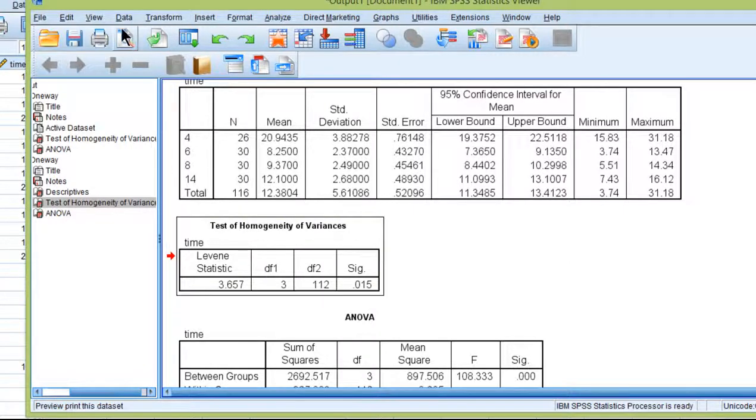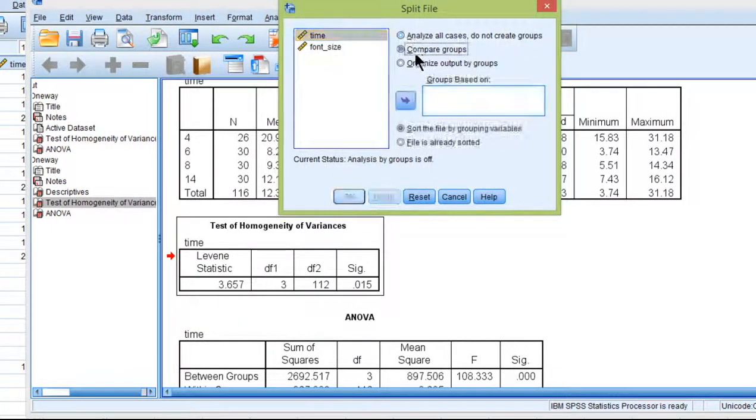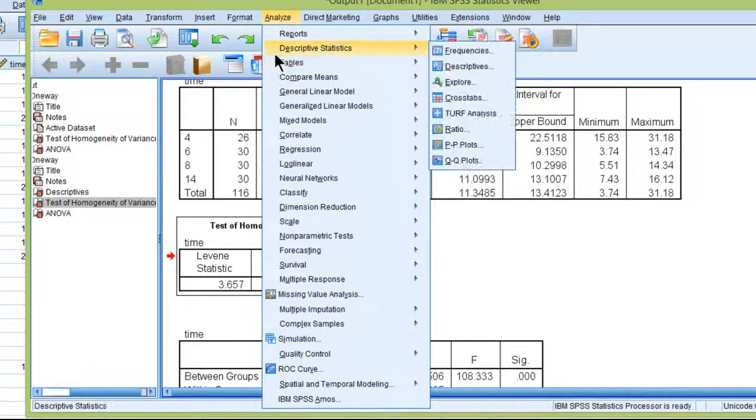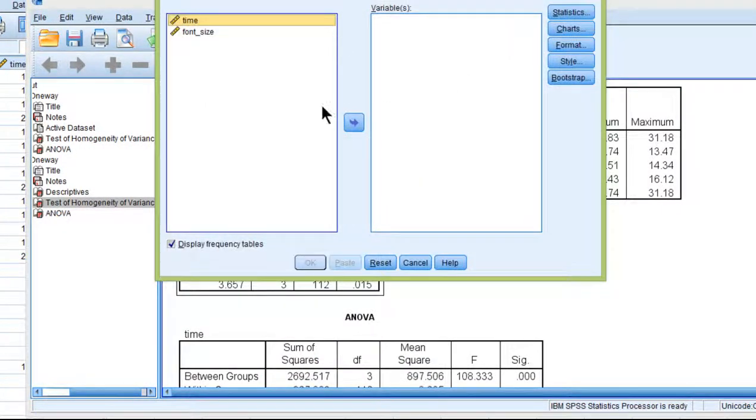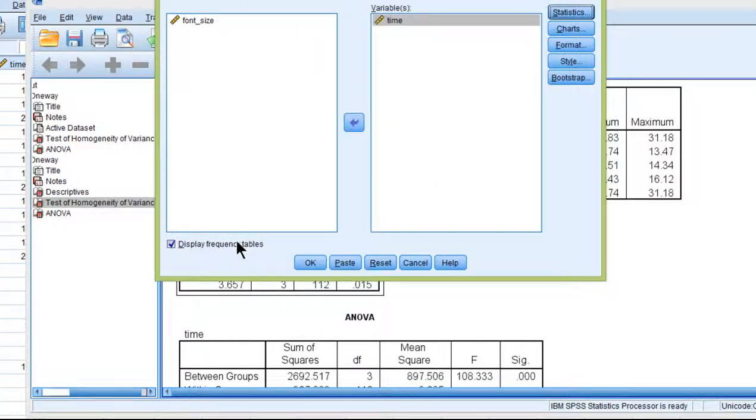Let's look at the skewness level, because that's going to impact whether I'm going to do a bootstrap analysis or not. So let's compare groups by font size, and look at skew and kurtosis.